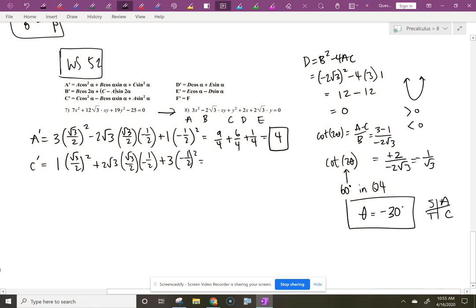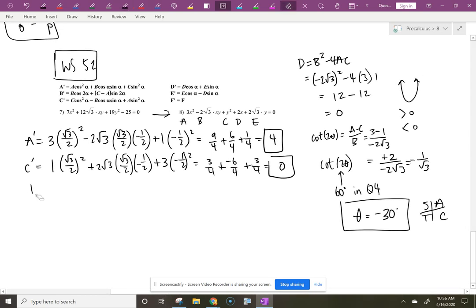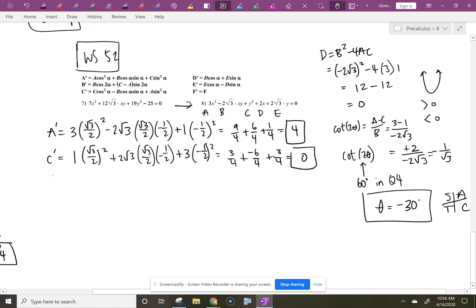That gives me 3/4 plus 6/4 minus 6/4, and then plus 3/4 again. Ooh, it disappears, which makes sense because for a parabola, either A or C should be 0. And in this case, it is. All right, what about D prime? That makes me feel a little better too about not checking B.